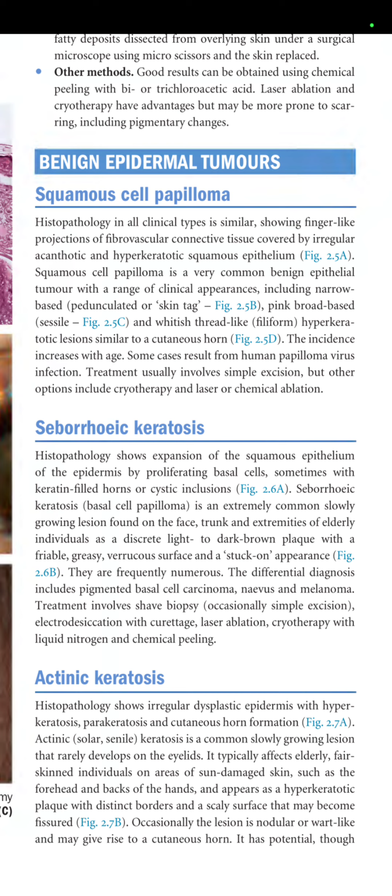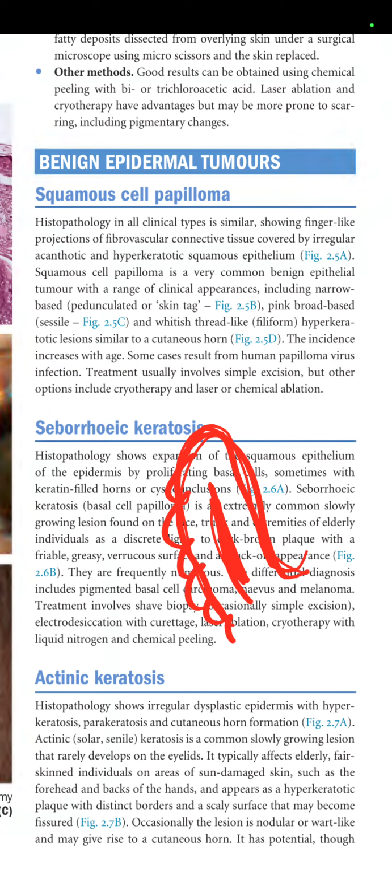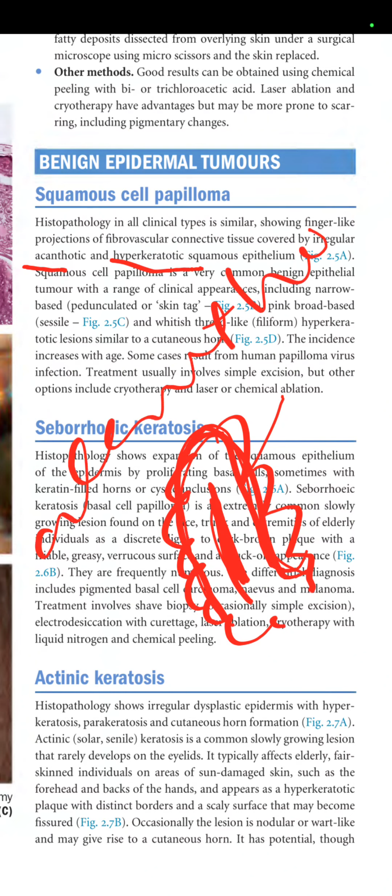Very simple: there are finger-like projections, in which there will be the fibrovascular connective tissue, and overlying it will be the epidermis, with acanthotic and hyperkeratotic squamous epithelium. Acanthosis is the thickening of the prickle cell layer, and hyperkeratosis is the thickening of the keratin layer.